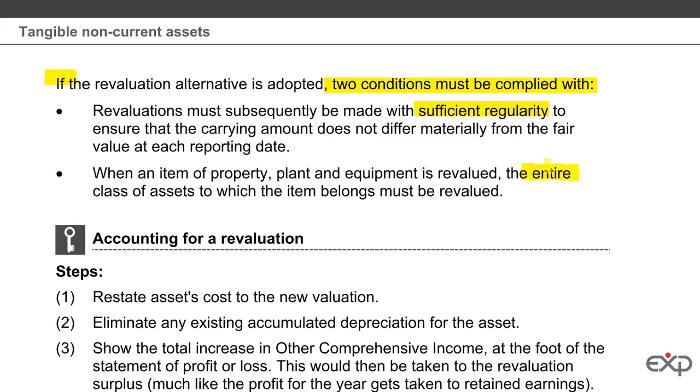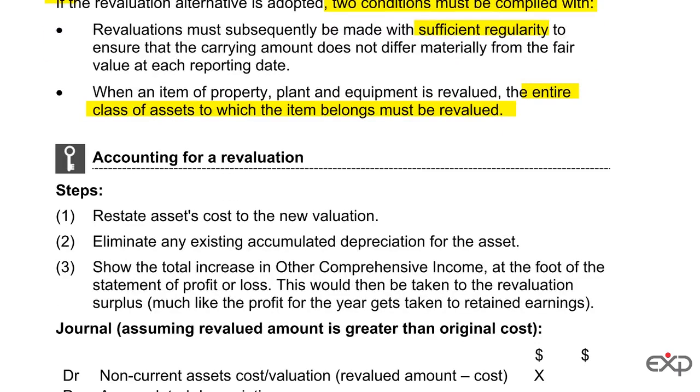Also, we need to make sure that if you choose to revalue a particular item of property, plant and equipment, everything in that class needs to be included. Now, what this means is that you could choose to revalue buildings, but not equipment, and that's fine. But if you do revalue buildings, you need to revalue all of them in that class.